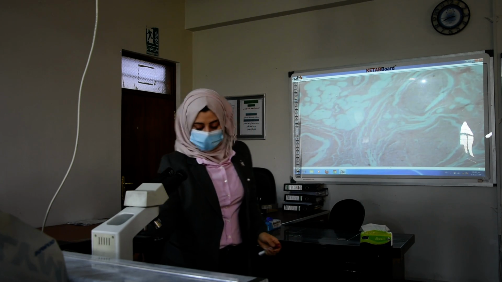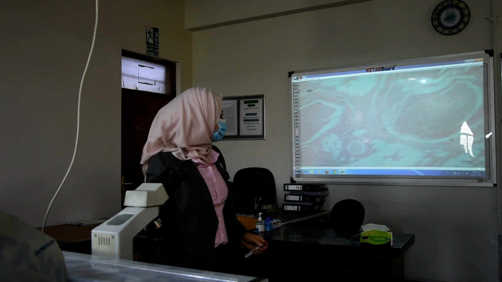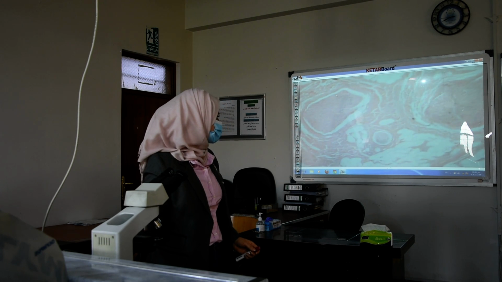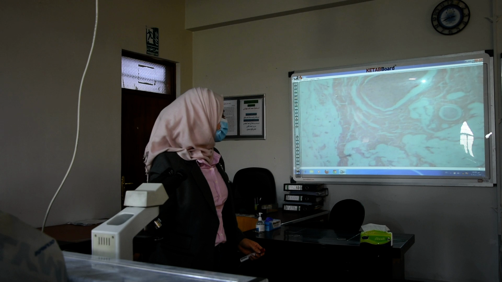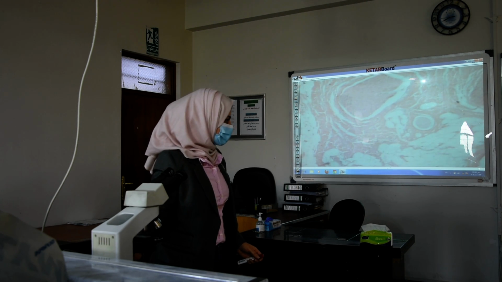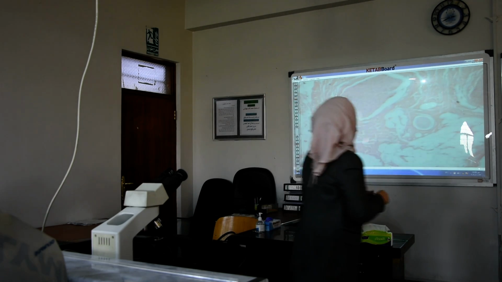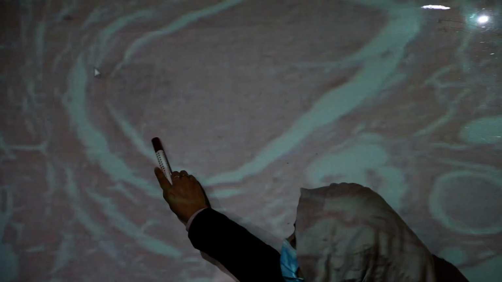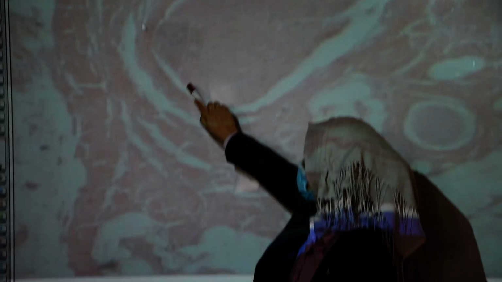A nerve in the peripheral nervous system represents bundles of nerve fibers, called fascicles. So it's an aggregation of axons, or nerve bundles. Each one of these is called a fascicle, a bundle of nerve fibers.